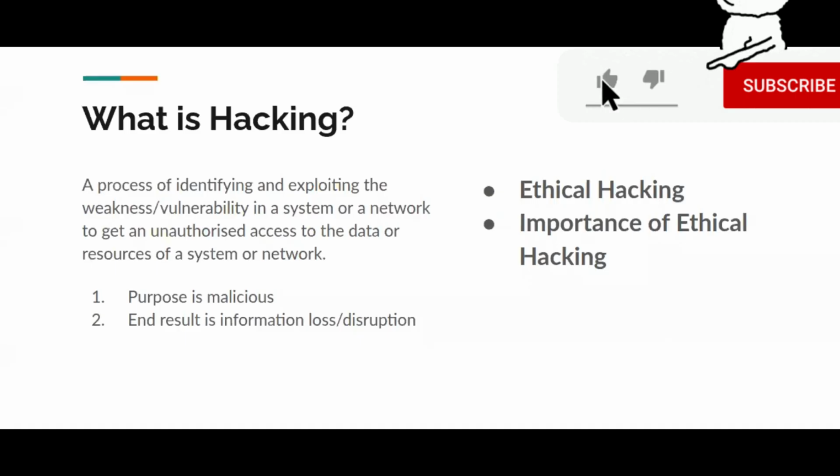Now, what is ethical hacking? Ethical hacking is the use of these tools which the malicious users are using, and the same technologies, same methods, but with good intentions, where the purpose is to actually improve the overall security of a system.